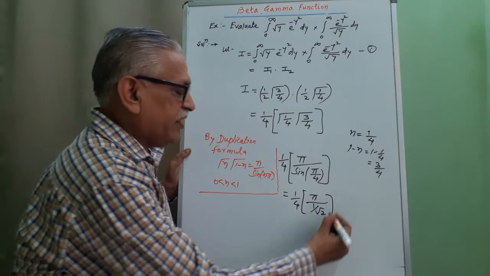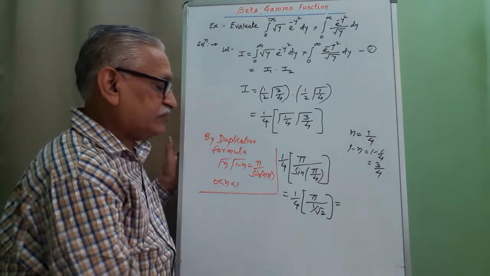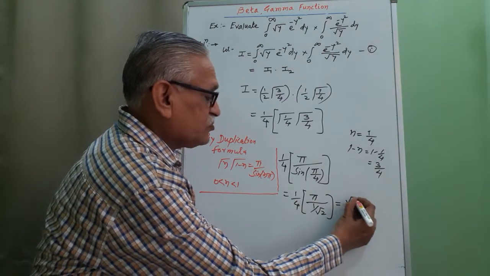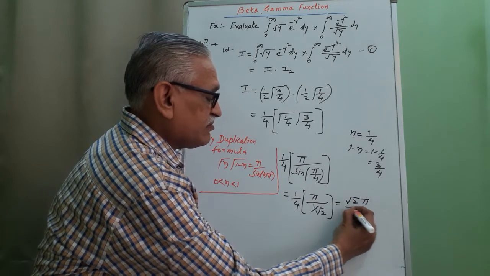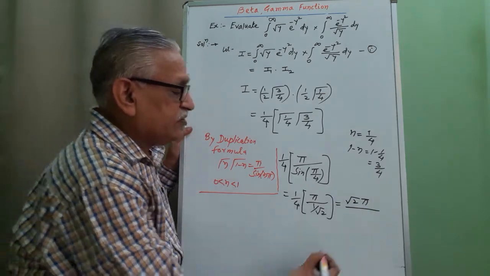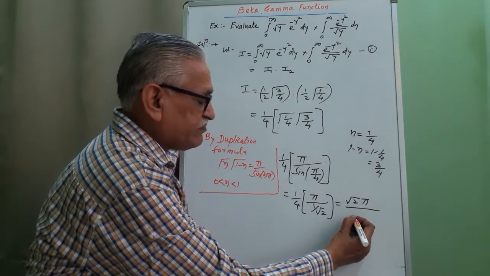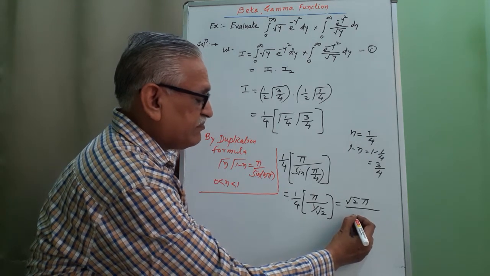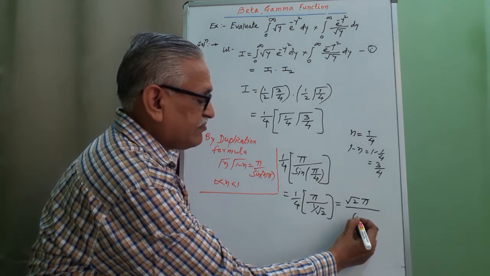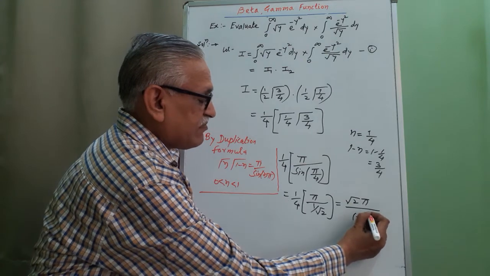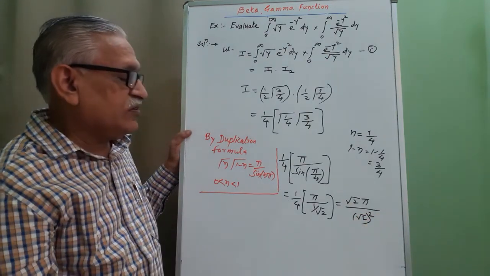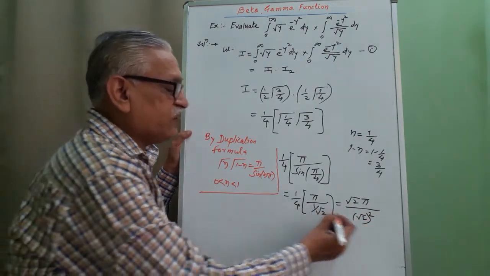And therefore, it is root 2 pi. 4 means root 2 square. Root 2 into root 2 we get 2 and its square.